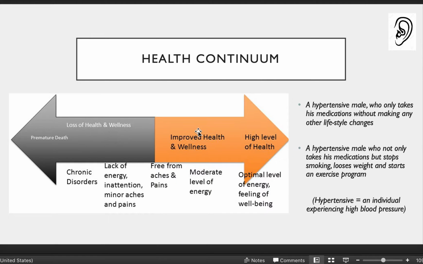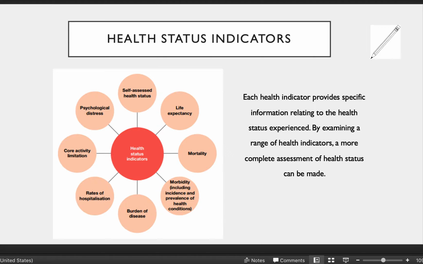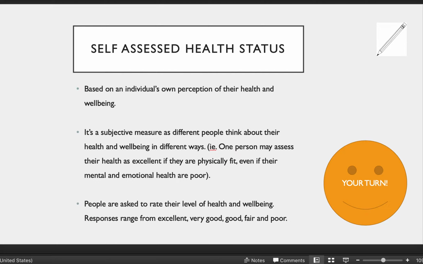They fit somewhere along this continuum, and we completed an activity around that. Then we said there's a whole bunch of different things that we can use to indicate somebody's health status and whether they would be high or low on that continuum. You also did a little self-assessment on your own status of health at this current point.